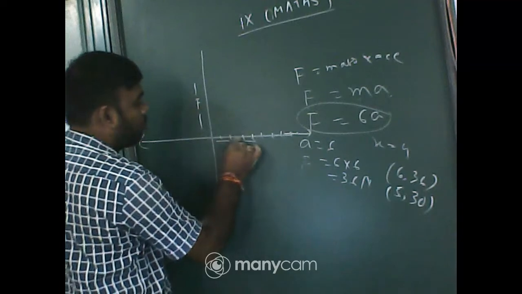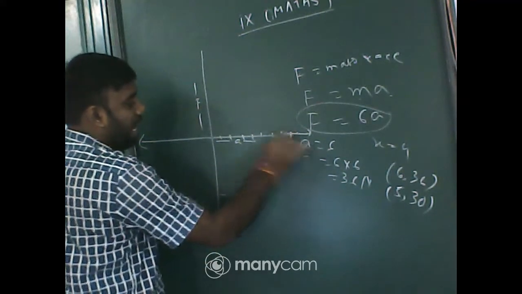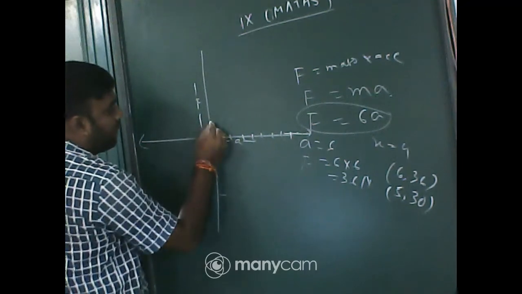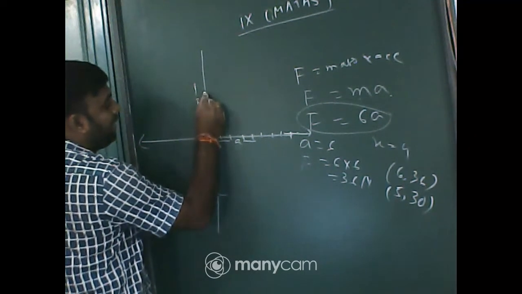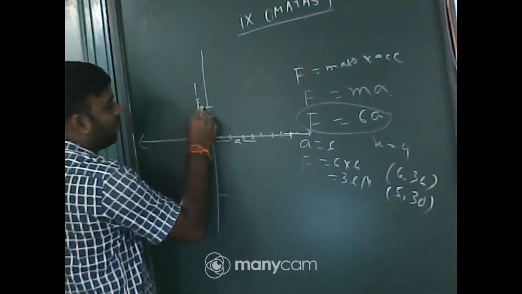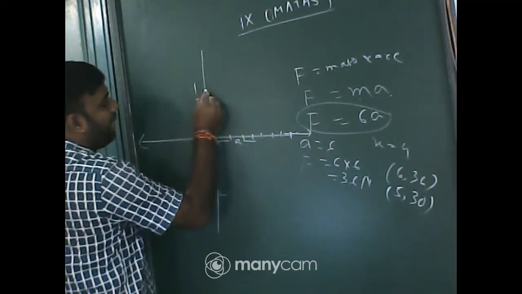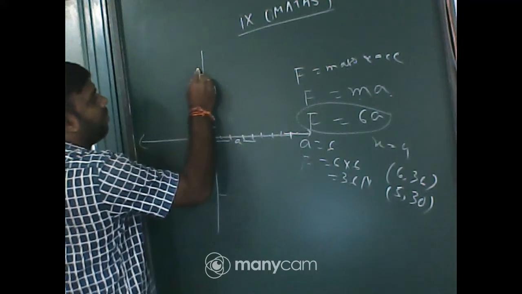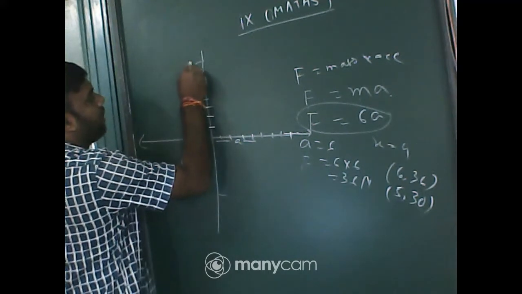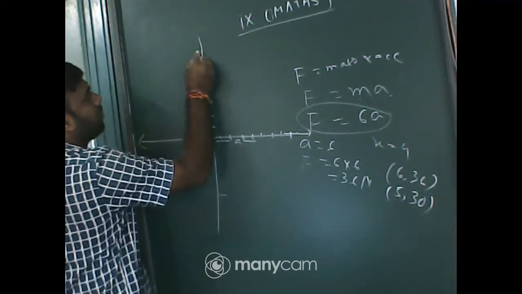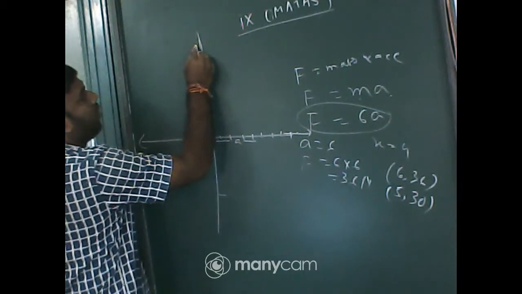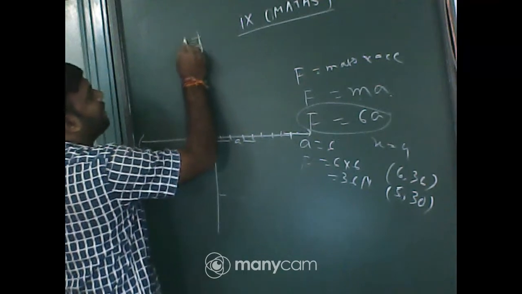So 1, 2, 3, 4, 5, 6, 7, 8, and on this side mark 5, 10, 15, 20, 25, 30, 35, 40, 45, 50, 55 and 60.